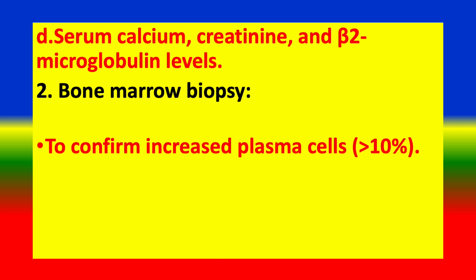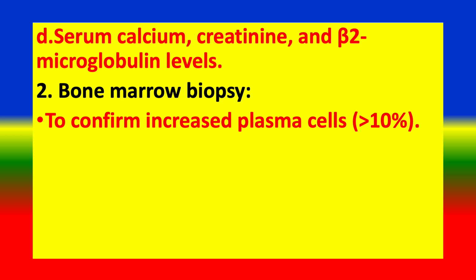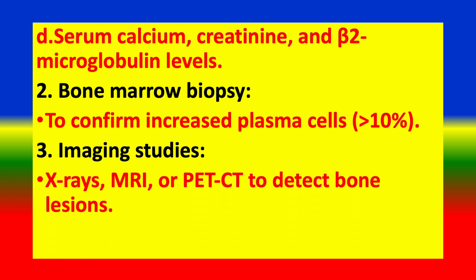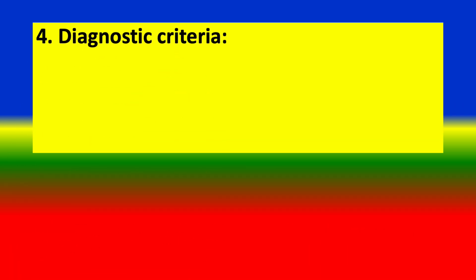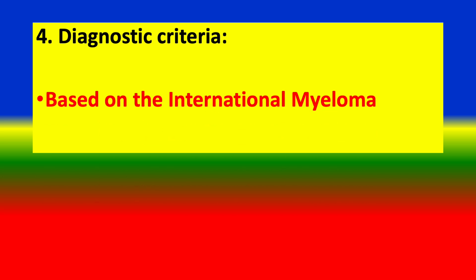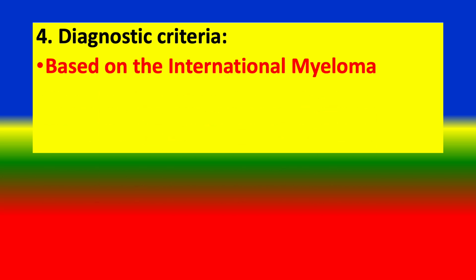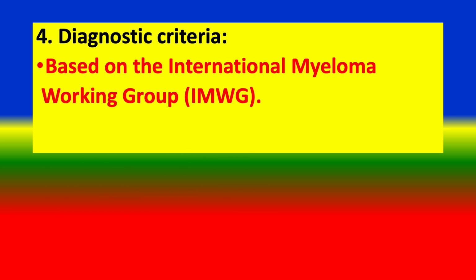Bone marrow biopsy to confirm increased plasma cells greater than 10%. 3. Imaging studies. X-ray, MRI or PET-CT to detect bone lesions. 4. Diagnostic criteria based on the International Myeloma Working Group, IMWG.